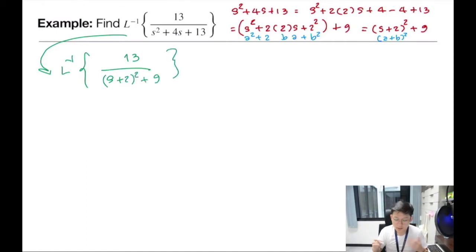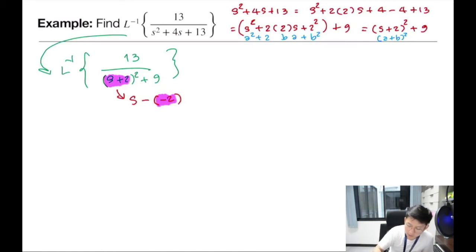And you can see right now that s is shifted, with s minus a, where a is minus 2. This 9 here is actually 3 squared. So right now you know the form: k divided by s squared plus k squared.